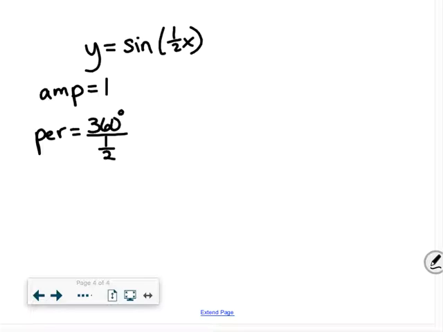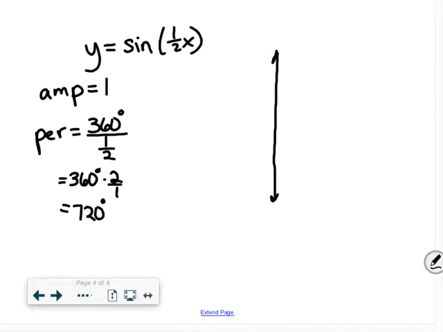Well, that's 1/2. If you recall, in Chapter 8, we worked with complex fractions. We had fractions within a fraction. Well, when you divide by a fraction, that's the same as multiplying by the reciprocal. Well, that's 720 degrees.